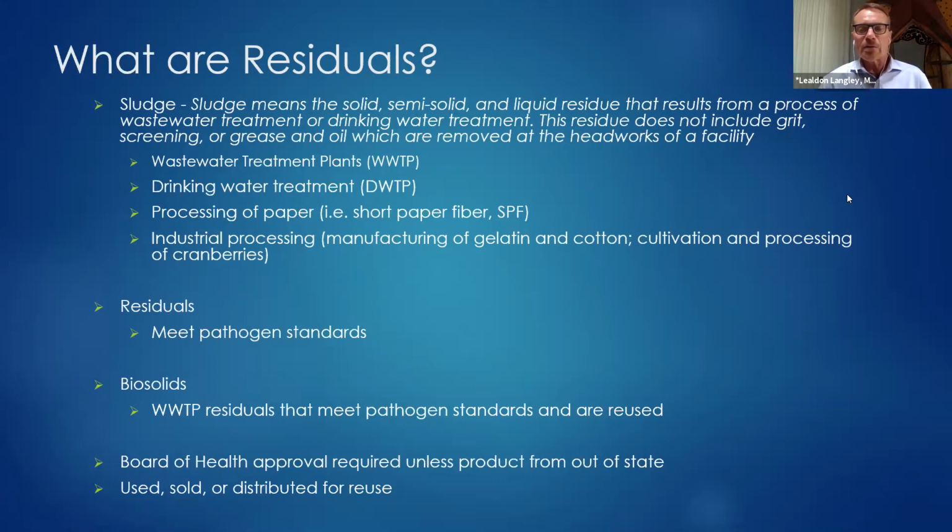It excludes certain impurities or components that may be eliminated at the headworks of a treatment facility. These sludge products are generated from wastewater treatment plants, drinking water treatment plants, the processing of paper, and some other industrial processes, including the manufacturing of gelatin and cotton, and the cultivation and processing of cranberries, of which there is a great amount produced in Massachusetts.